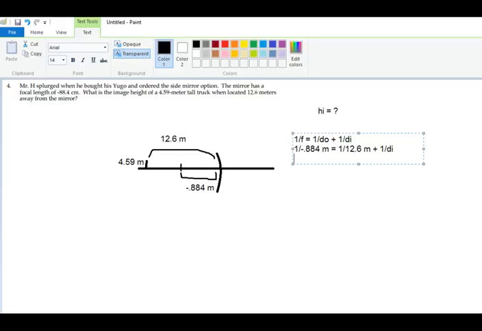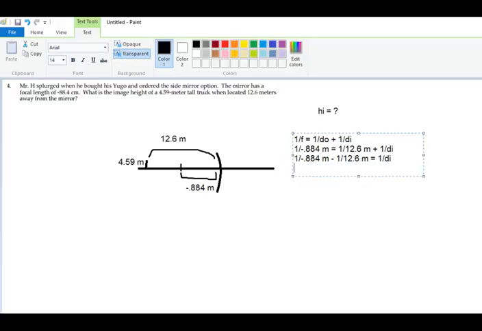So right here we could isolate the variable by subtracting 1 over 12.6 meters from both sides. So 1 over negative 0.884 meters minus 1 over 12.6 meters equals 1 over di.